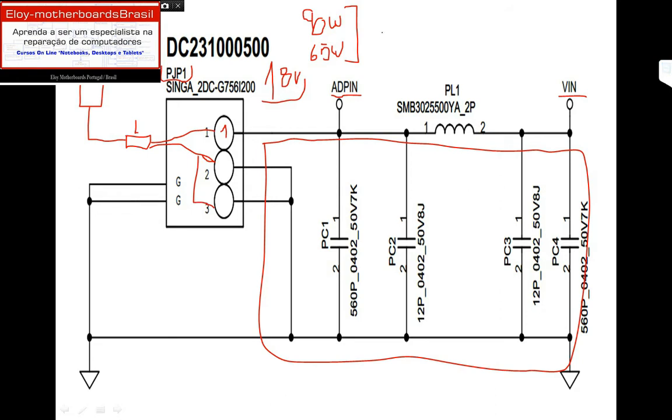Watts is written with P, not W. P is power. So power equals voltage times current.